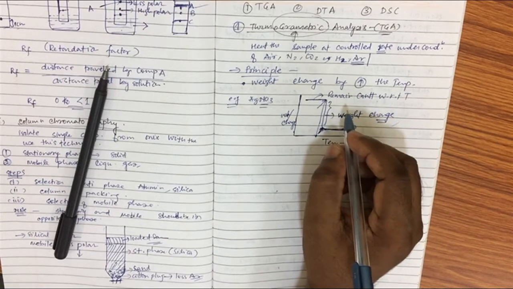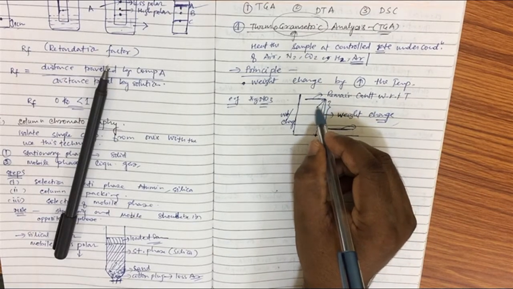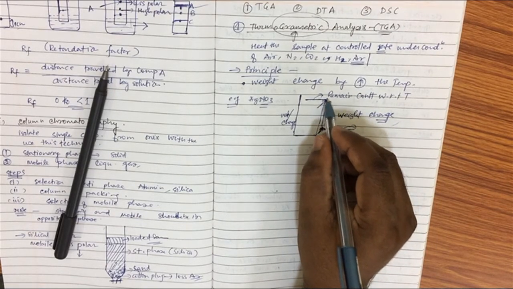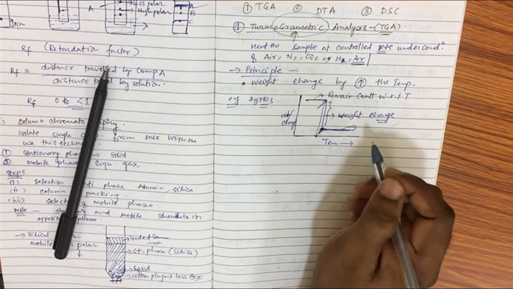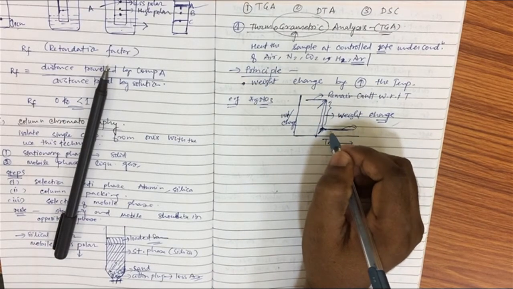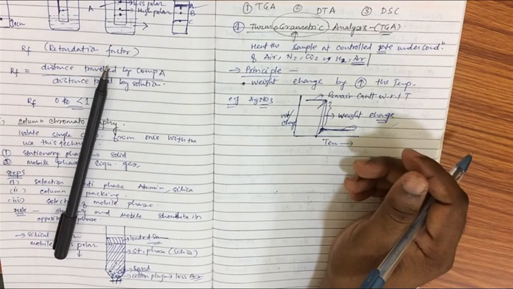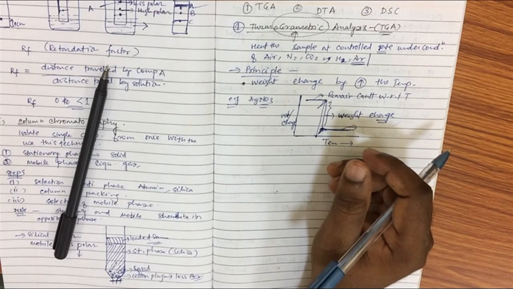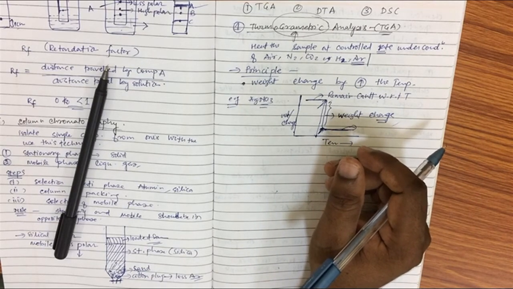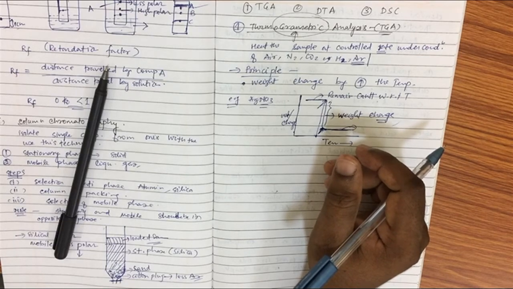So finally, the total change of weight with respect to temperature is known as thermogravimetric analysis.